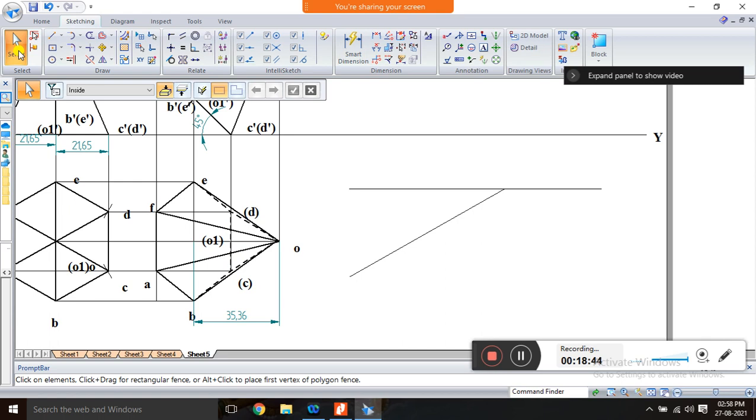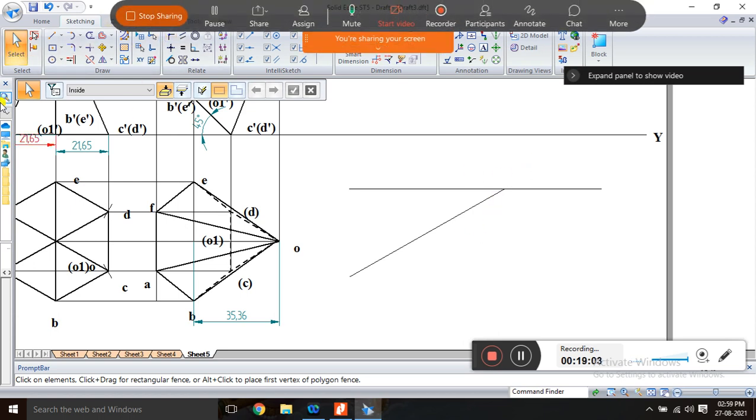So we have to go with the locus method. We cannot draw as it is. If the length is the same, then we can draw as it is, but here the length is reduced from first position to second position, so the third position should be by the locus method. If the first and second position lengths are the same, we can go with the normal method, but here the length is not the same, so we have to go with the locus method.